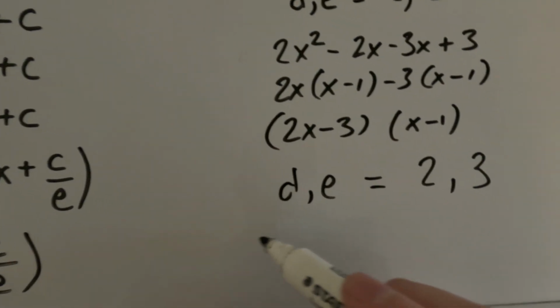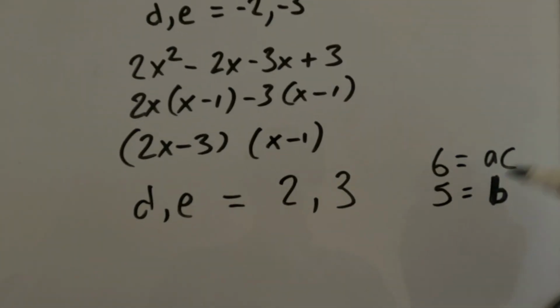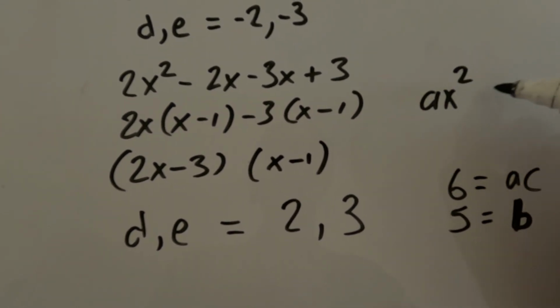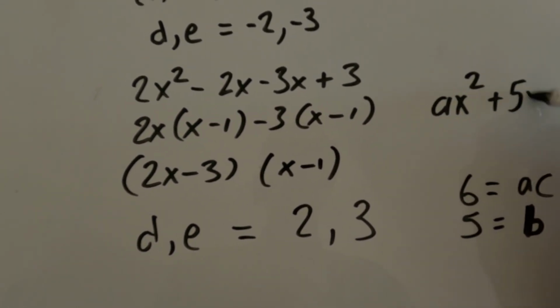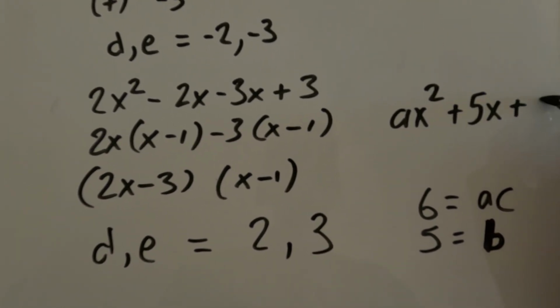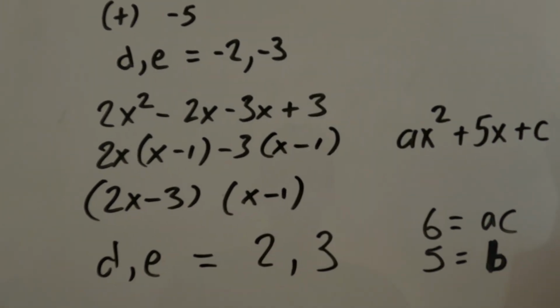Just to be awkward. So then whatever that quadratic equation is, that could be anything. That could be ax squared, but it's going to be plus 5x because b is 5, and then it's going to be plus c. We don't know what ac is, as long as ac is equal to 6.